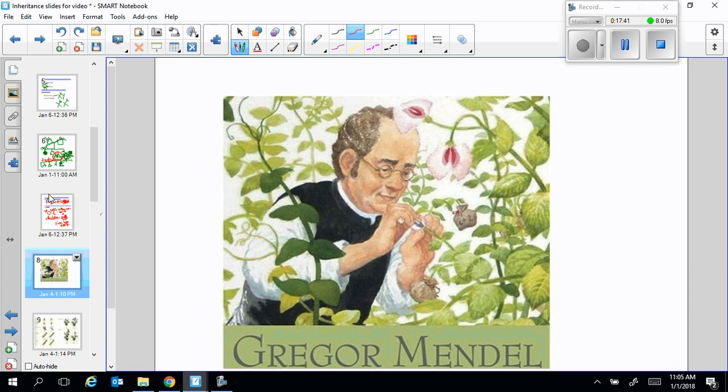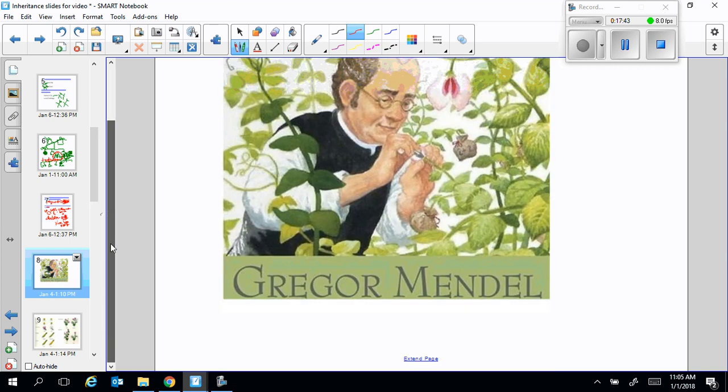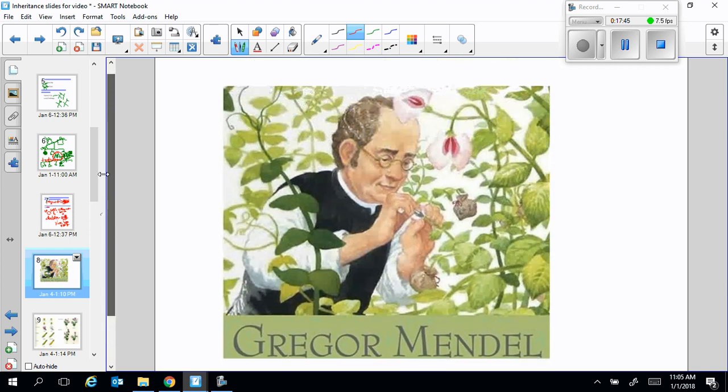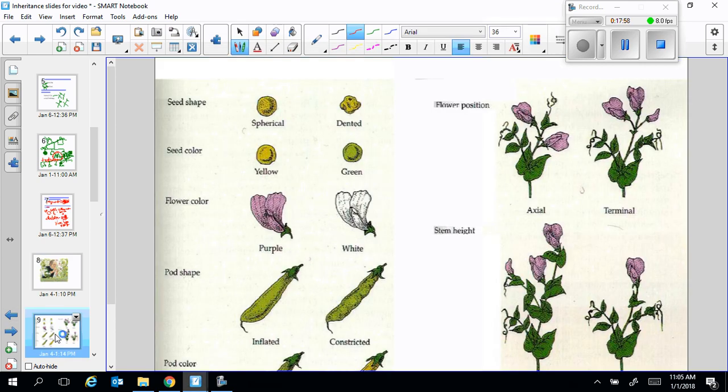All right, next I just have this little slide of Mendel, because Mendel was really the forerunner in the study of inheritance of traits. He was a monk, and he really studied pea plants more than anything else. So here's some things that he looked at. He was looking at seed shape, seed color.